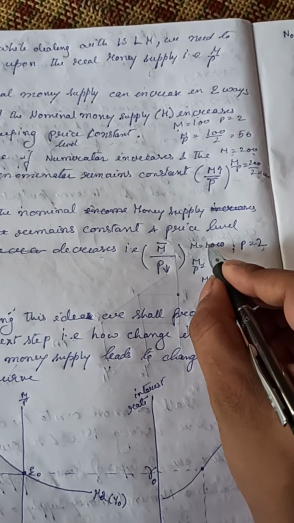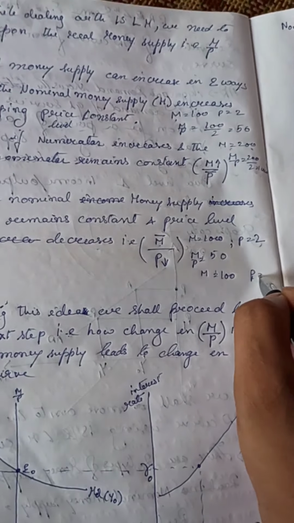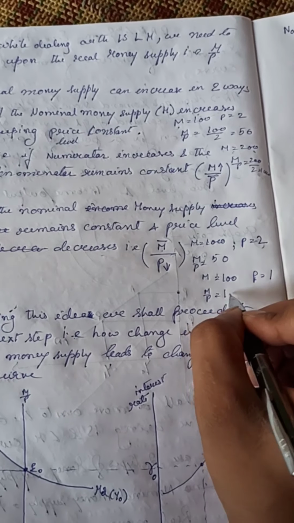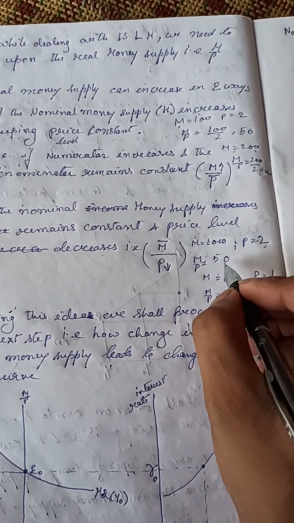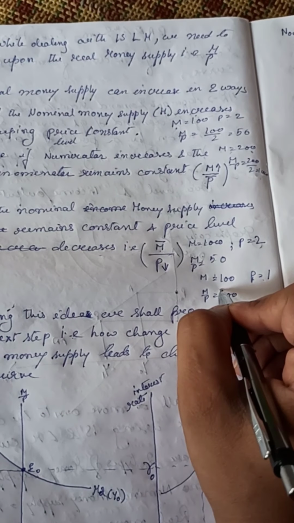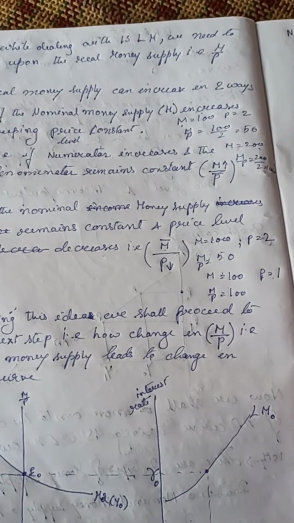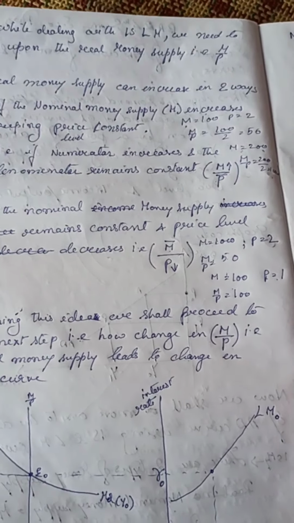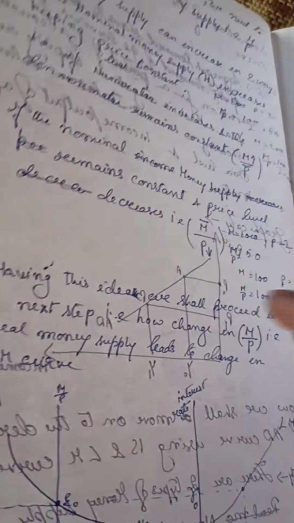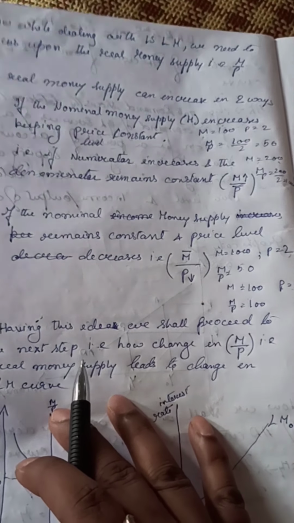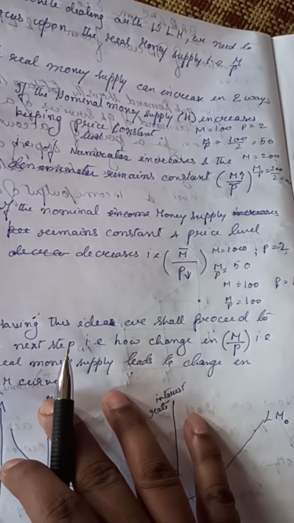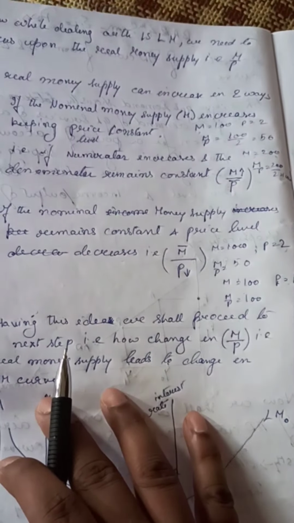Here we are keeping the nominal money supply constant, whereas we are decreasing the price level to 1, and the M by P ratio would increase to 100. Again, by reducing the price level we can increase the real money supply, and vice versa, if you want to decrease it, you just have to increase the price level. So this is how we increase or decrease the real money supply using the price level or the nominal money supply.